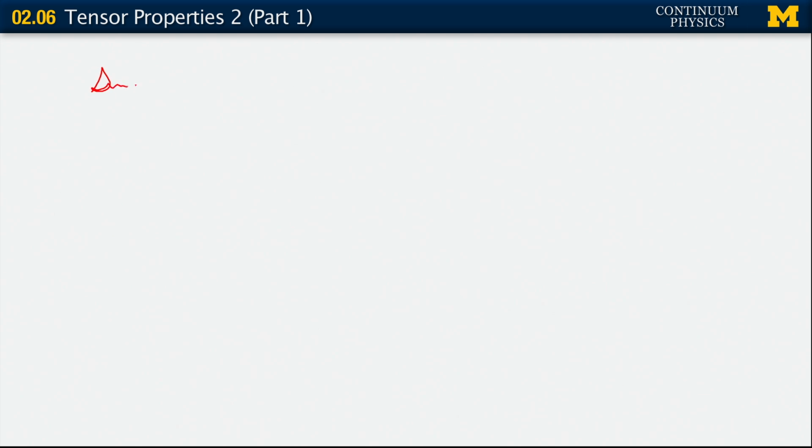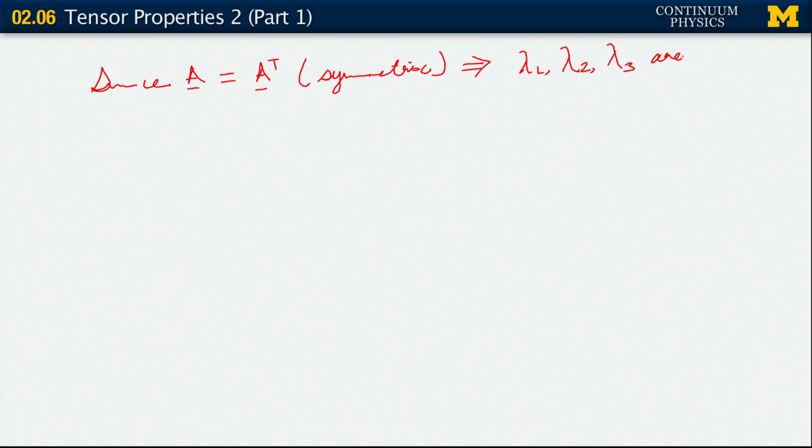Since A equals A transpose, that is A is symmetric, what it implies is that lambda 1, lambda 2, lambda 3 are indeed reals.